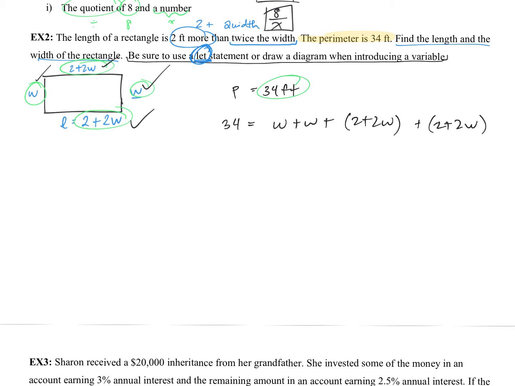You could do a shorthand with the formula, but I just like writing out all the sides. So we have 34 equals, well, adding up the w's, we get 2w plus, and I can go ahead and drop those parentheses. And then let's go ahead and add up the other w's. 2, 4, 6 w's.